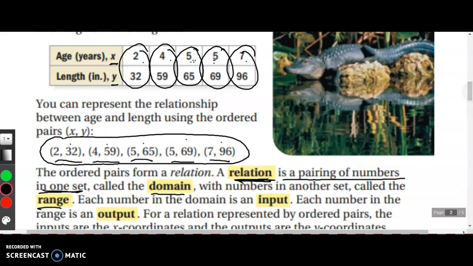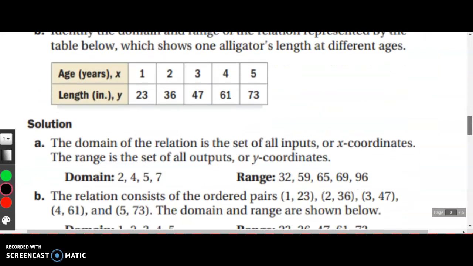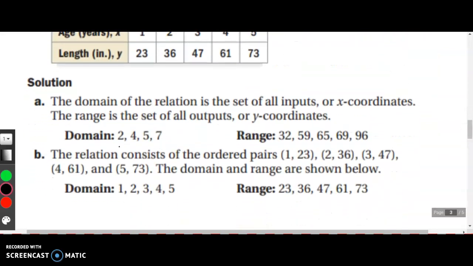We just have 2, 4, 5, and 7, and the range is 32, 59, 65, 69, and 96. So that's how we'd write it. We'd write it as the domain is 2, 4, 5, and 7, and the range is 32, 59, 65, 69, and 96. Okay?